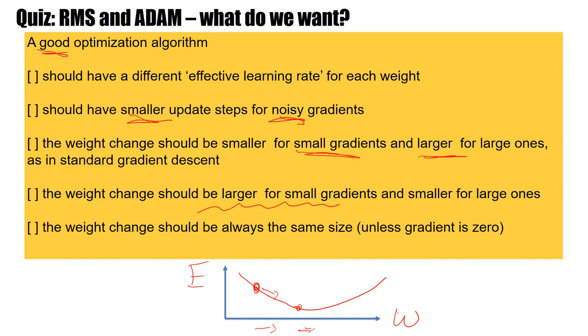The weight update should be larger for small gradients, or the weight change, so this actual size of the weight change, should it be always the same? Of course, not at the minimum, but otherwise. So what do you think would be good? And then these algorithms, RMSprop and Adam, will make certain choices.